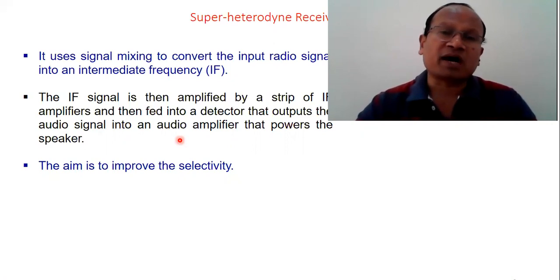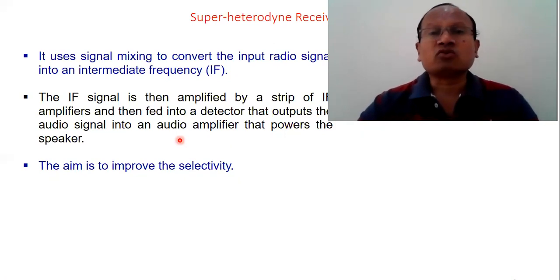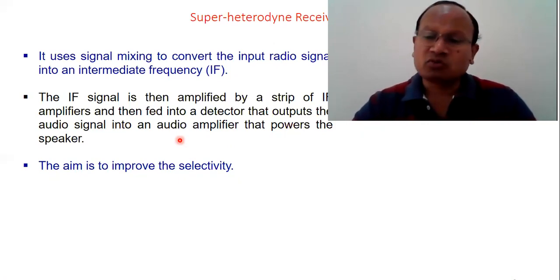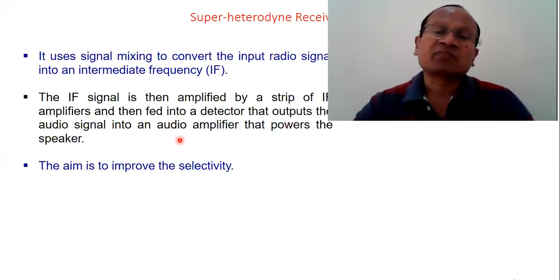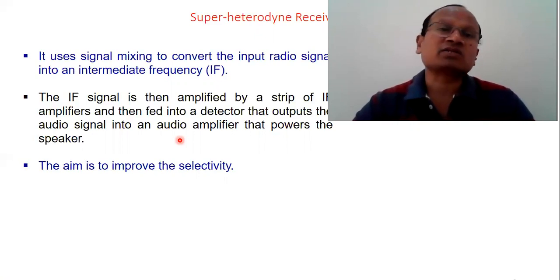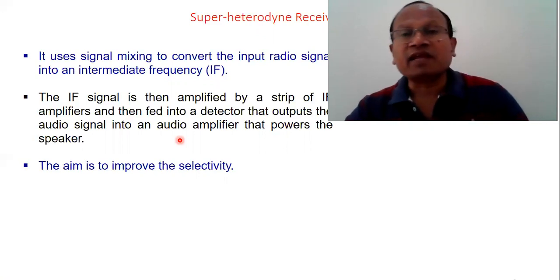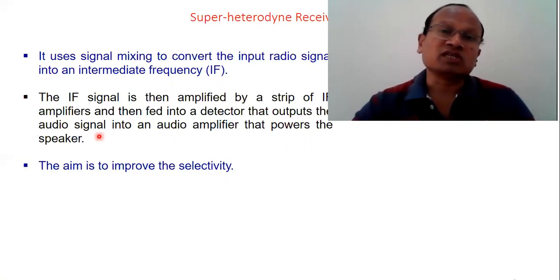Then it can be passed through an audio amplifier or power amplifier, or a series of power amplifiers, to make it a more powerful, stronger signal, so that the delivery can be impactful through the speaker.